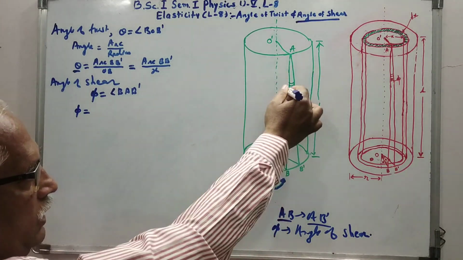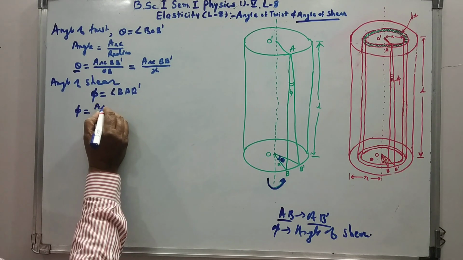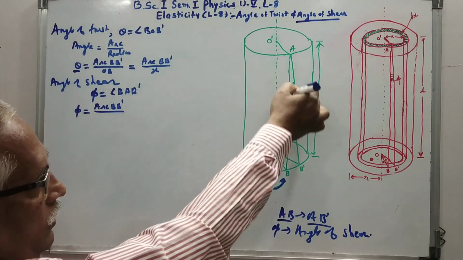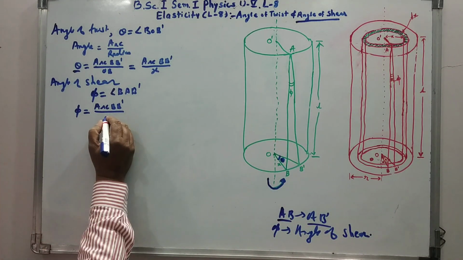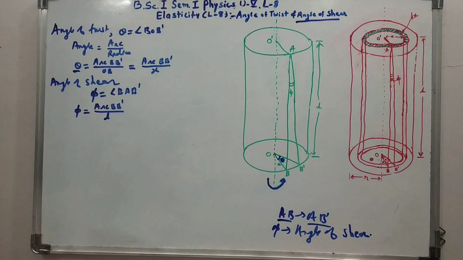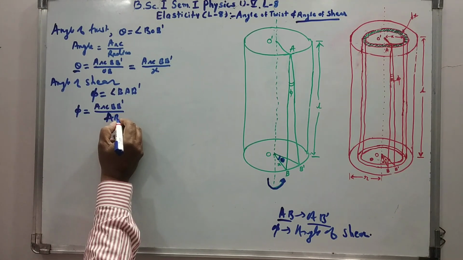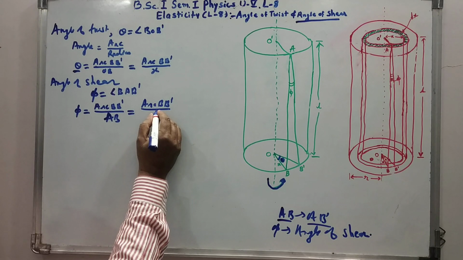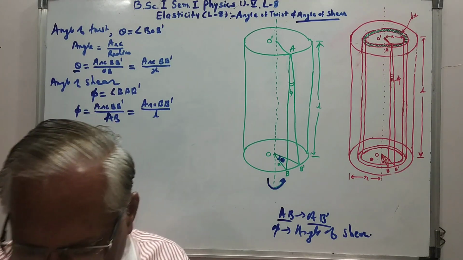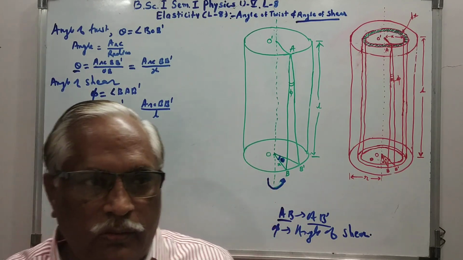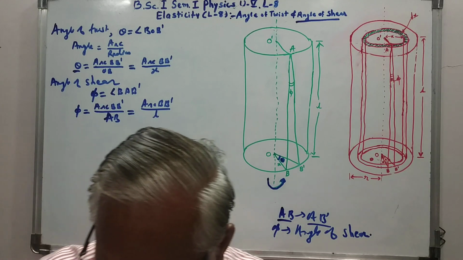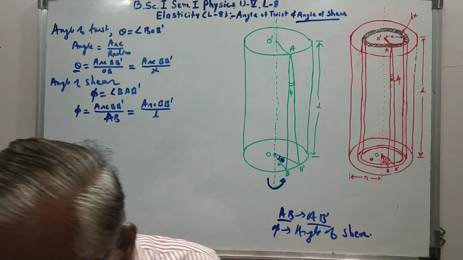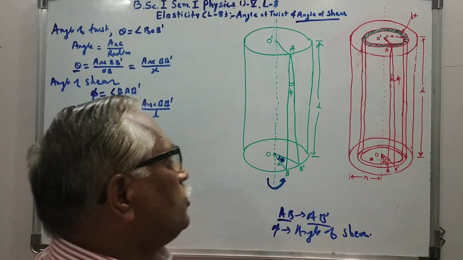The arc for this angle is BB dash, so phi is equal to arc BB dash upon AB, where the length of the cylinder is L, that is, arc BB dash upon L. So the angle of shear is maximum for the outermost cylindrical layer, and it will be 0 for radius r equal to 0.